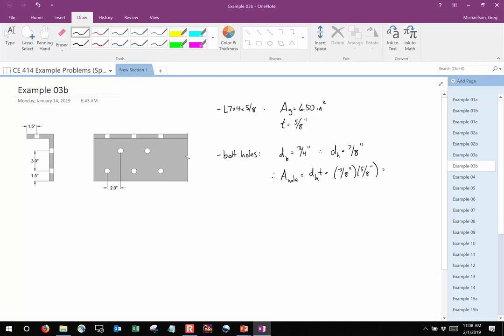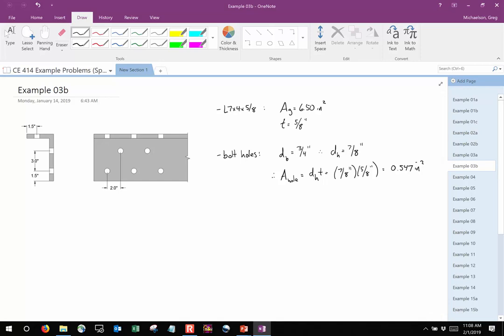And so that equals what? We'll say to, I don't know, 3 decimal places. 0.547. Do I have a second on that? Everybody okay on that? Okay.